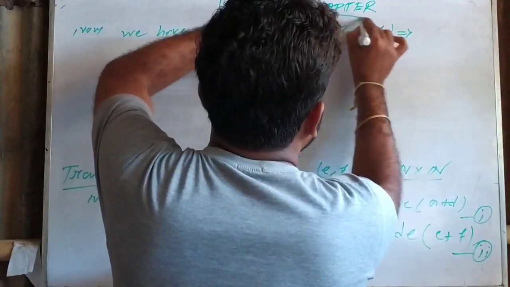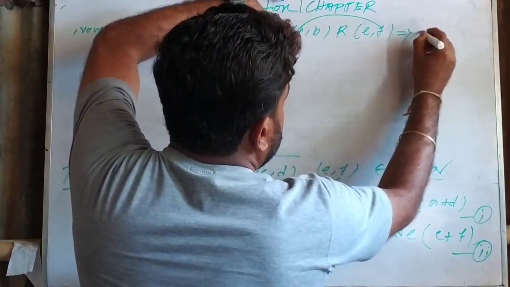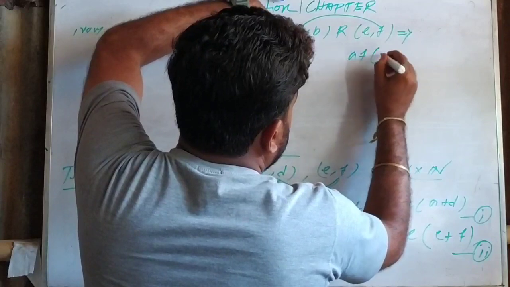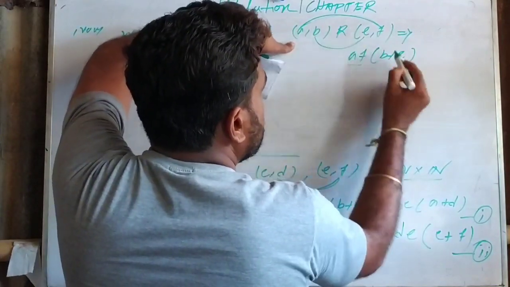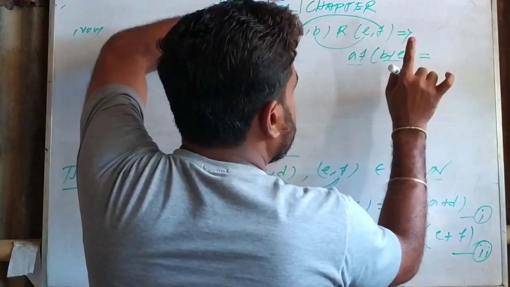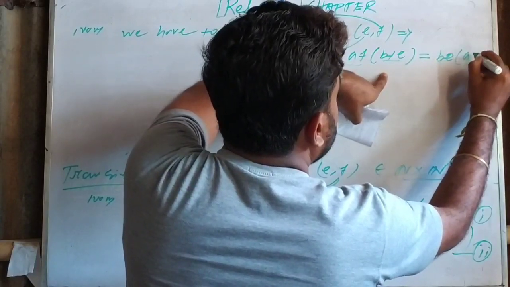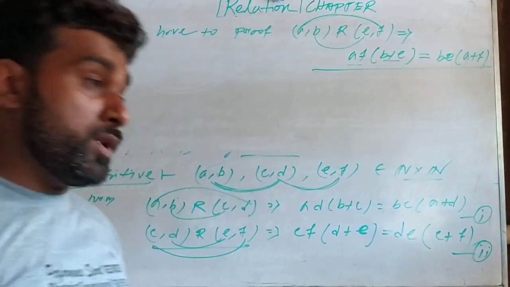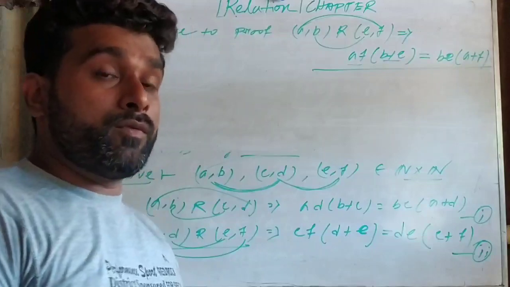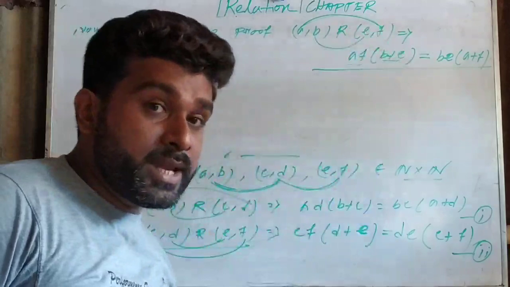Just see the similarity: AF into B plus E, just corner multiply, middle two adding. On the right hand side, the opposite thing will happen: BE will be multiplied and A plus F. So this part should be proved. We have to come to this part to get the relation between AB and EF.